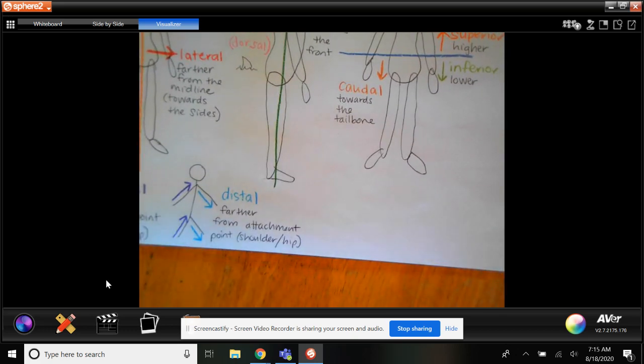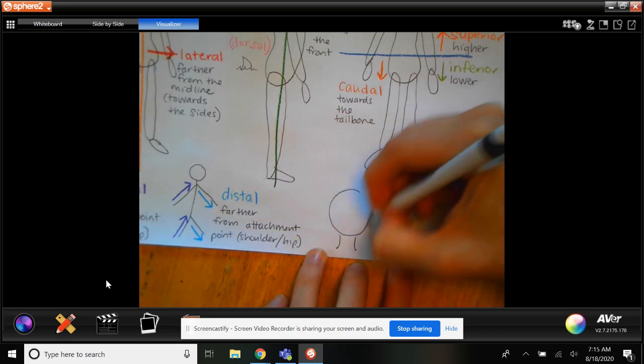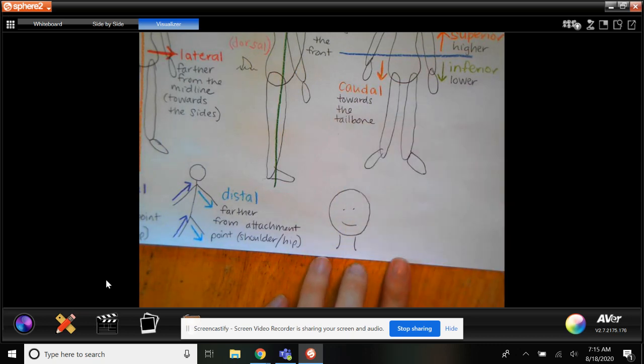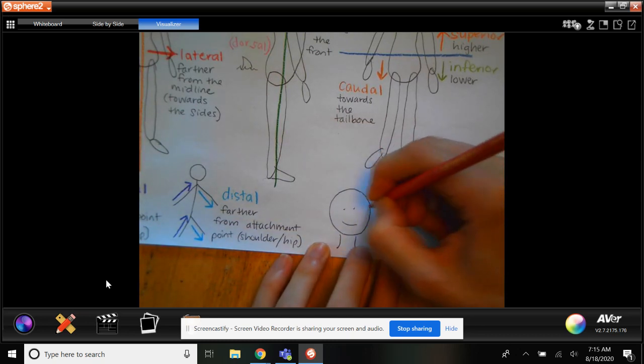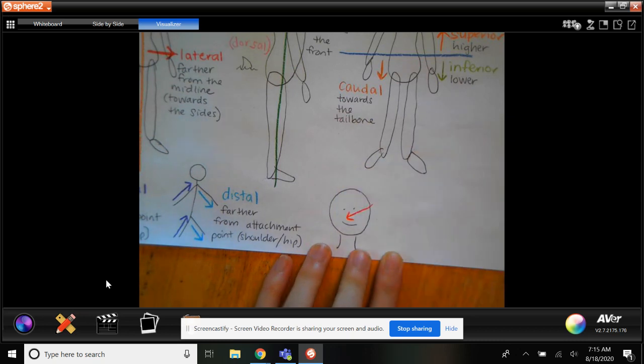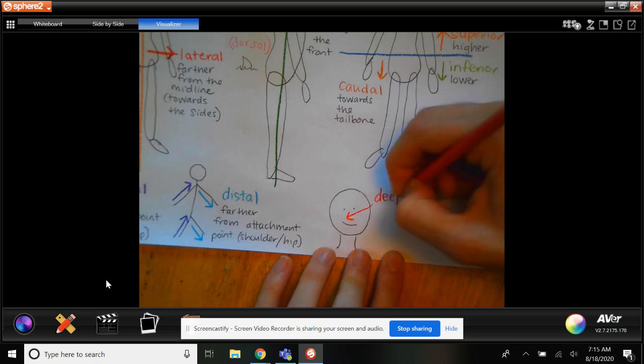Okay, let's just draw a simple head. All right, and imagine we're going inside the head. Like if you could drill a hole going inside in some sort of brain surgery. So if we are making a nice hole going in, the direction for that is deep, and we know this word.